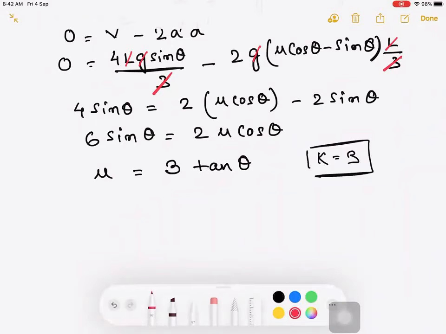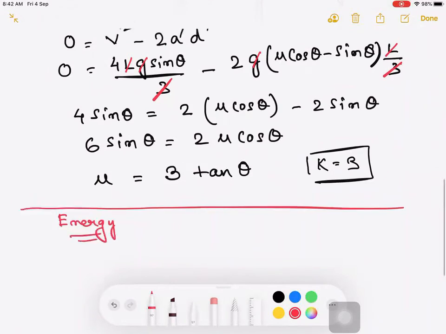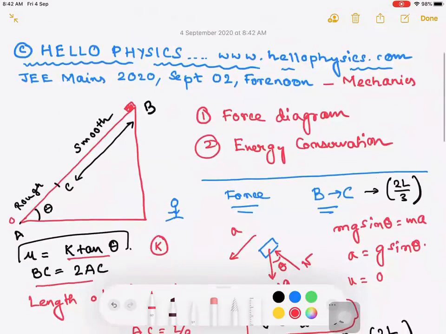But the method that I have followed over here is much lengthier. It took a lot of time. This can be solved in a much simpler way if we use the concepts of energy. See, the total energy at this topmost point must be equal to the final energy at the point A, add to it the dissipative work done.